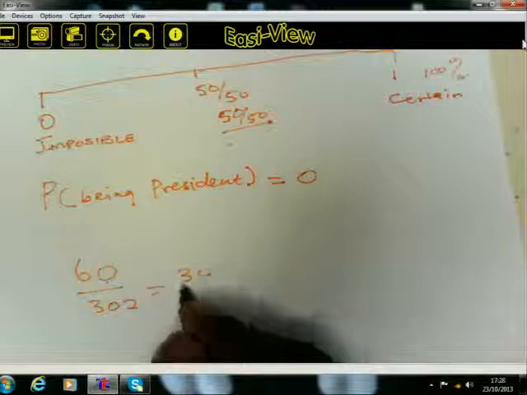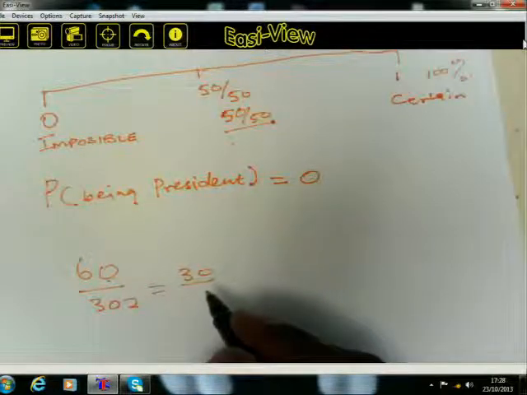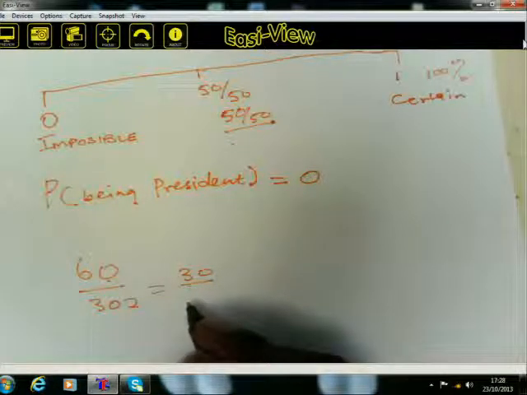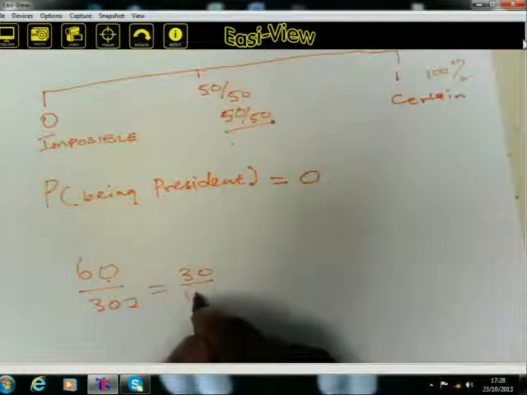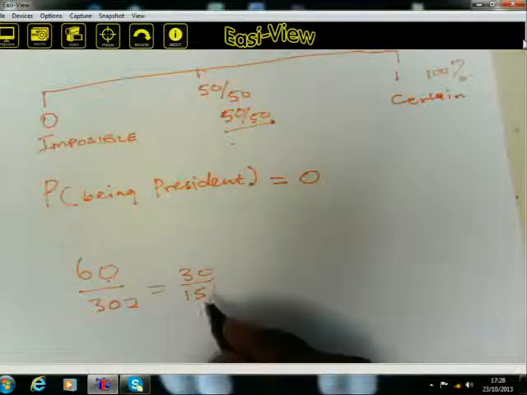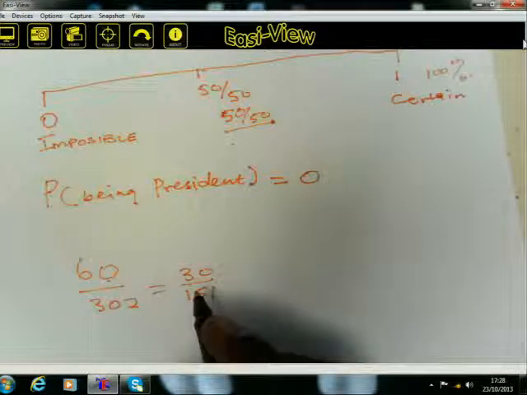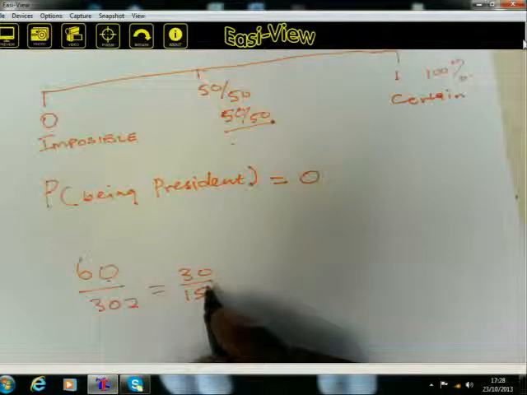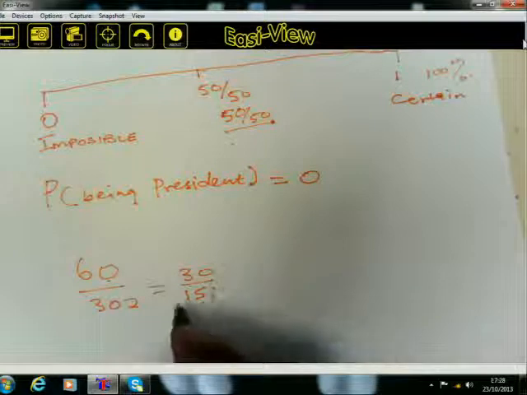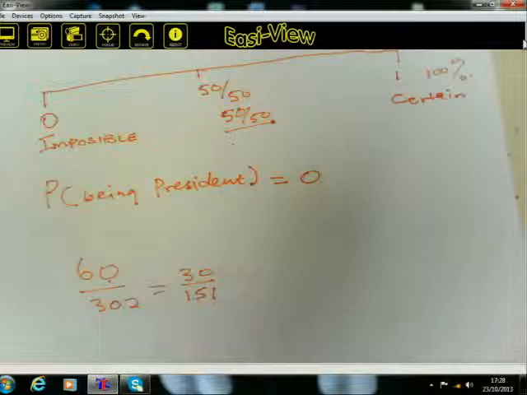That's 30. 302 divided by 2, it's how much? That's 151. Is there any number again that we can divide 30 and 151 by without a remainder? Tell me, is there any number? No. There is no other number that we can use.